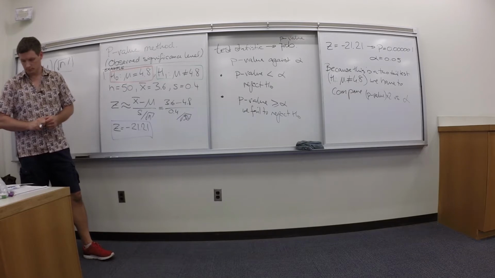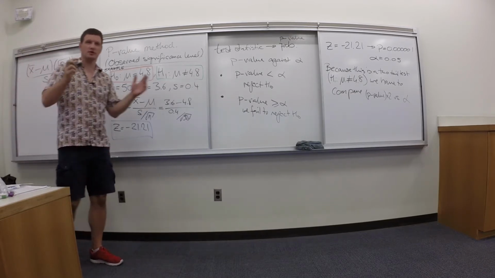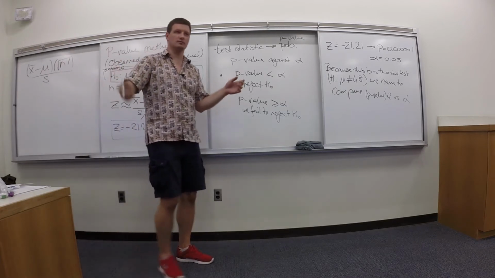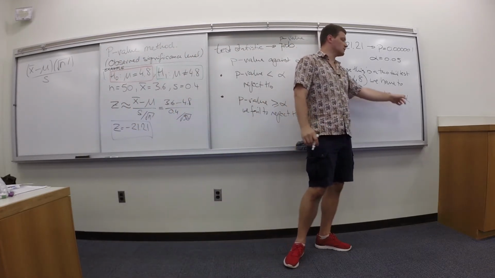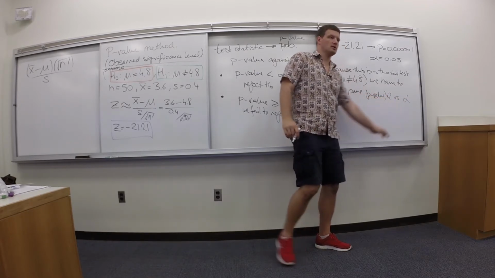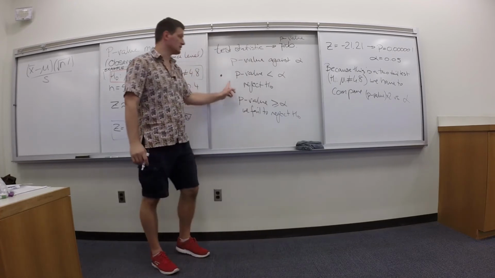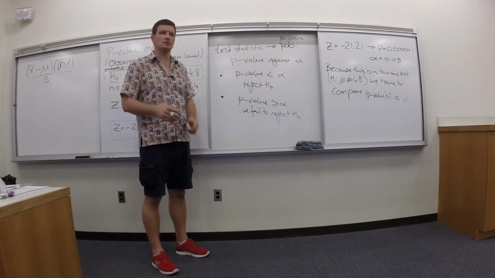It still would be like 0.000 instead of 1 or 2, right? Which means that even doubled, p-value is way smaller than alpha. If p-value is way smaller than alpha, we reject H sub 0. It's a different way to check things.